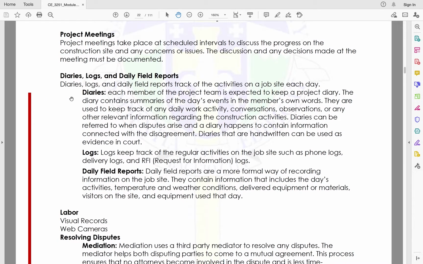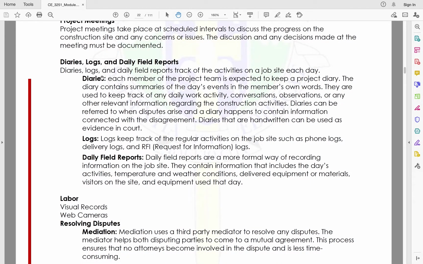Okay, diaries, logs, and daily field reports. Diaries, logs, and daily field reports track the activities on a job site each day. Okay? So diaries, each member of the project team is expected to keep a project diary. The diary contains summaries of the day's events in the members' own words.